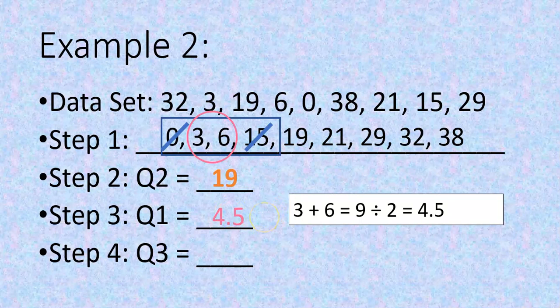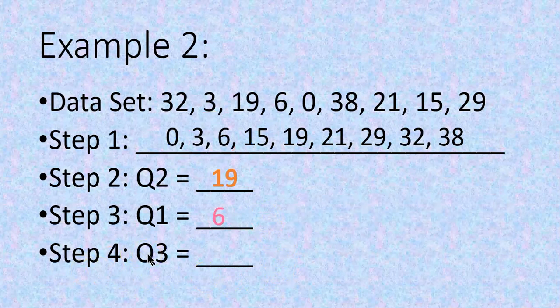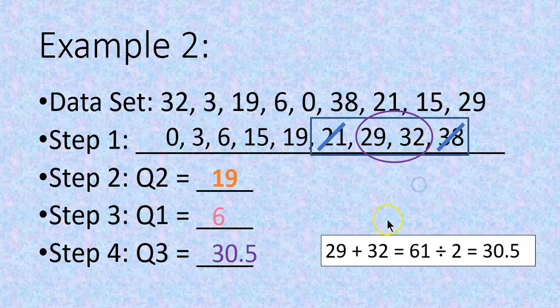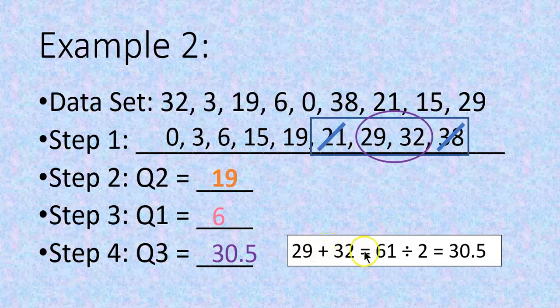Now let's do quartile 3. Here we go. Second half is 21 through 38. Cross off, 2 in the middle. So we have to add those and divide by 2, which means 29 plus 32 is 61, divided by 2 is 30.5. That's why our quartile 3 is 30 5/10.